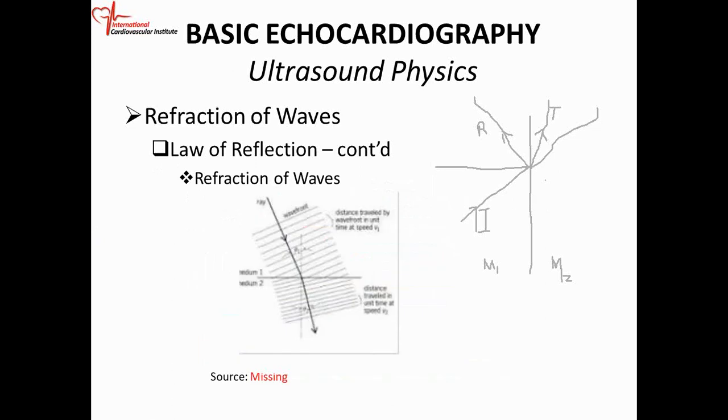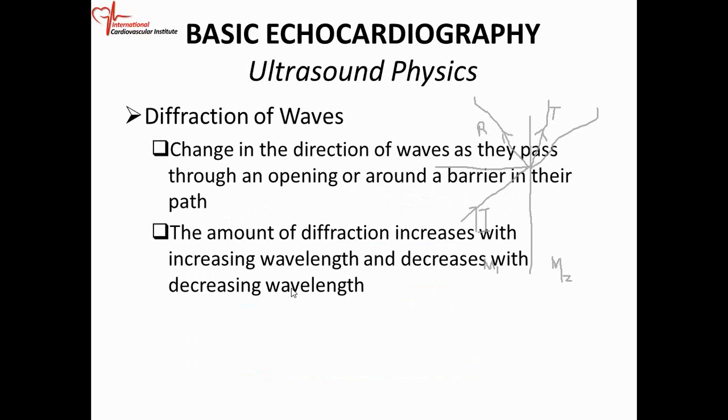All right. So again, refraction: the incident wave comes, it strikes a boundary, and when it enters the second medium, it's going to bend. It's not continuing in a straight line. And the bending is dependent on the density of the second medium.